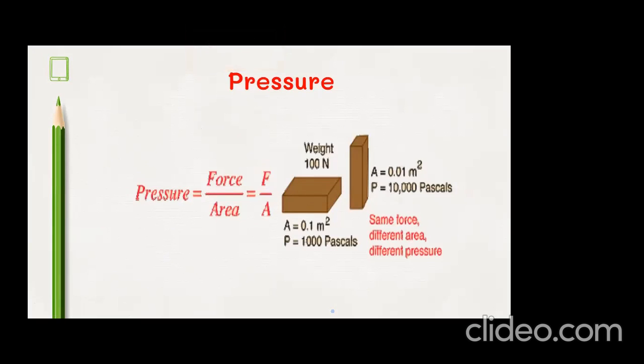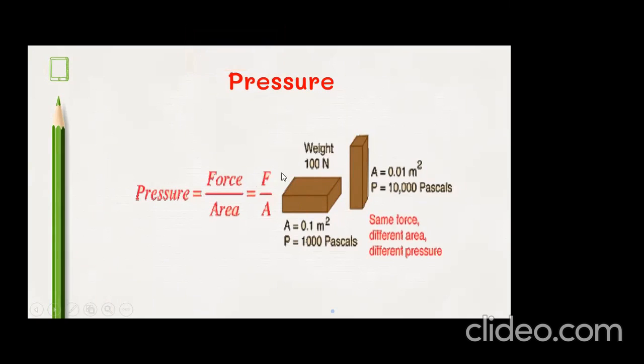so pressure, we have learned that it is the force acting per unit area. Here the formula for pressure is written: pressure is equal to force acting per unit area, or F upon A. In this example, 100 Newton of force is being exerted by this block on a particular area.